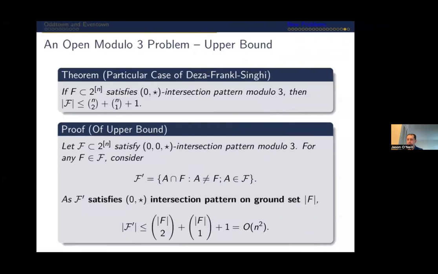So therefore, you get the size of the new family, which is the size of the family minus 1, is bounded by the sum of these binomial coefficients, which we have no real control over the sizes of. So this could be something that's quadratic. So it's unclear if the answer is like n or n squared. And part of the difficulty is in the construction.